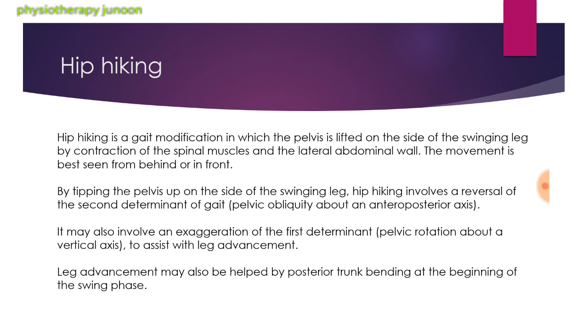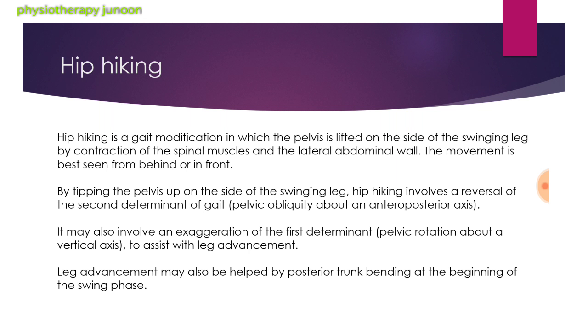Next is the hip hiking gait. Hip hiking is a gait modification in which the pelvis is lifted on the side of the swinging leg by contraction of the spinal muscles and the lateral abdominal wall.